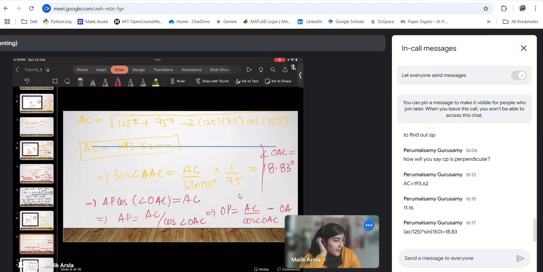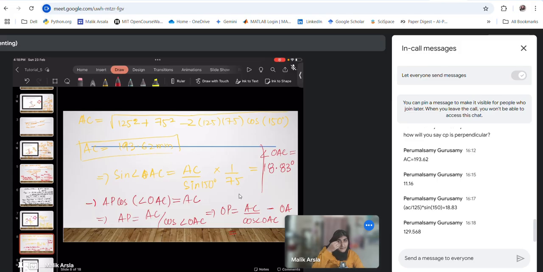So give me the value of OP first. 129.57, yeah.